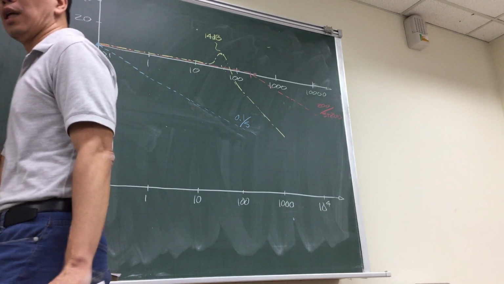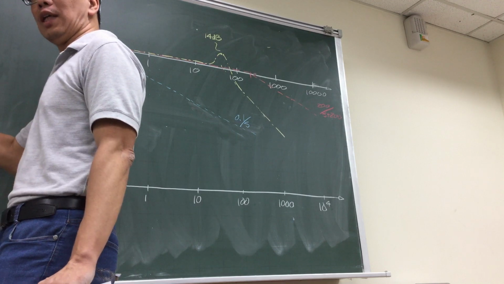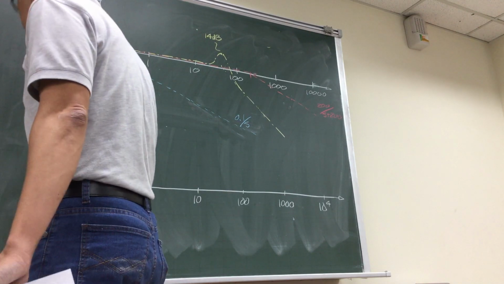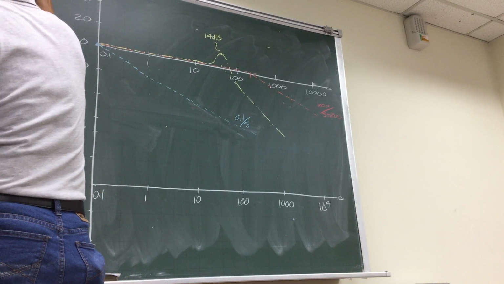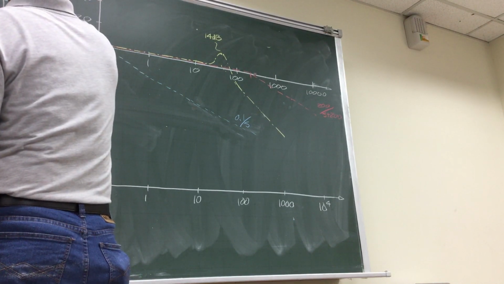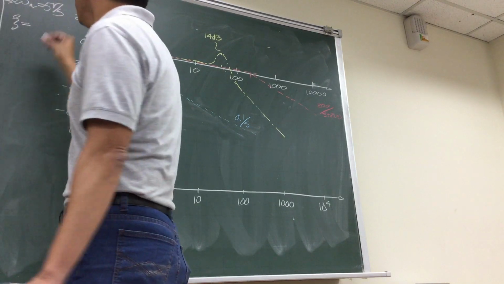I still have this one I need to draw. This one is upside down, because this is a pair of zeros. So what is my natural frequency? 5. What is the damping ratio? 0.1.